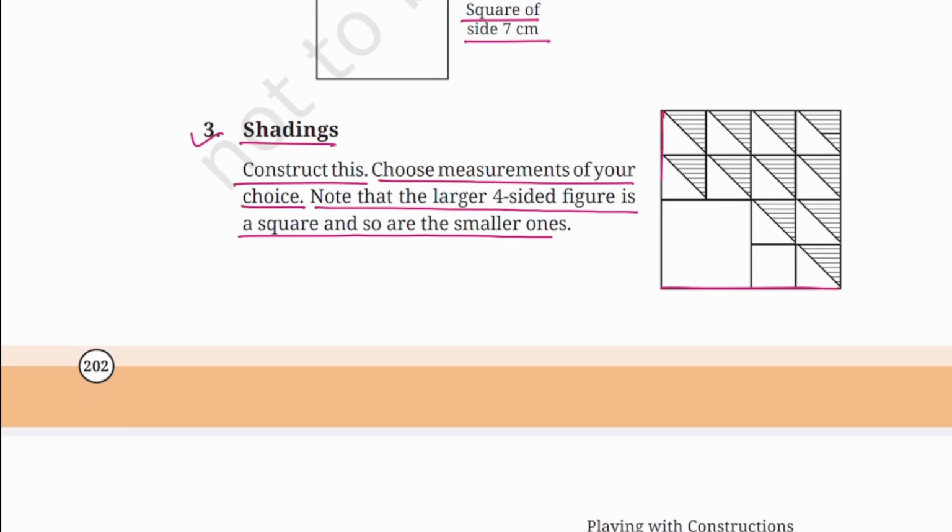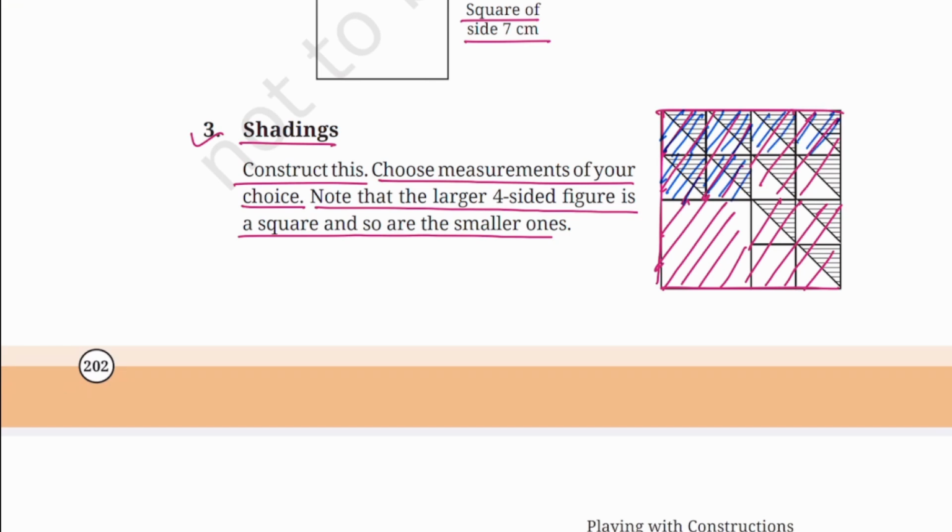The larger one is a square and it has been split into 1, 2, 3 and 4 squares, and again into 1, 2, 3, 4, 5, 6, 7, 8, like that, up to 16 squares.